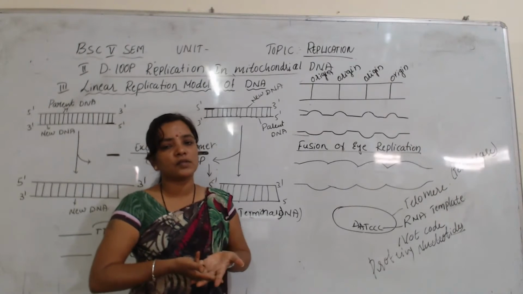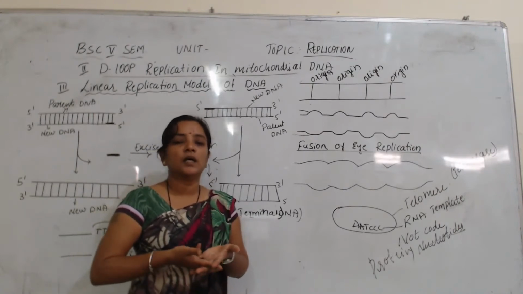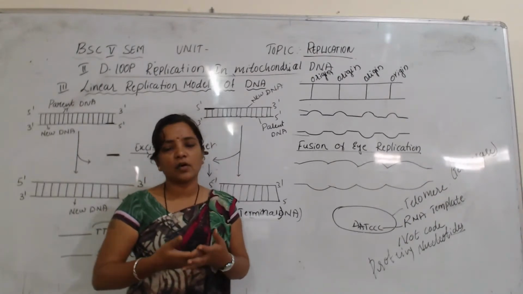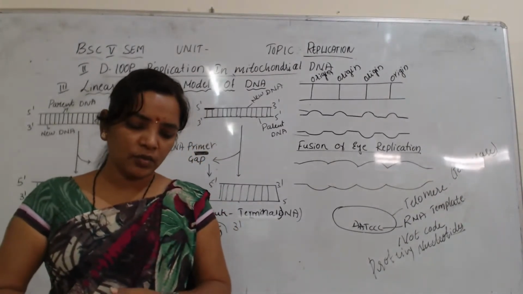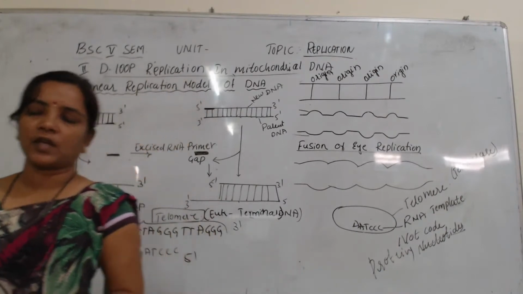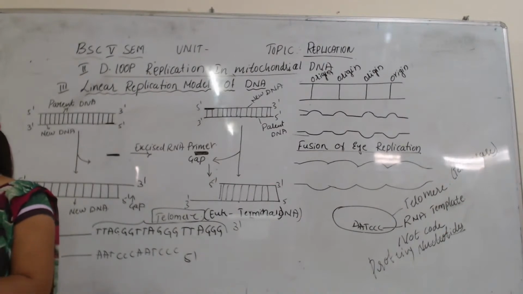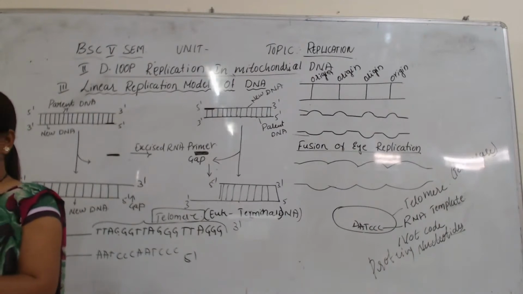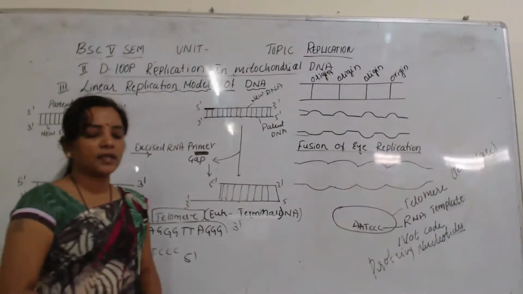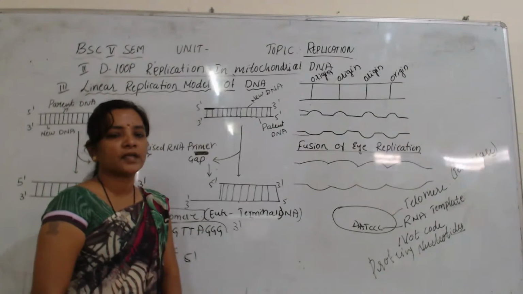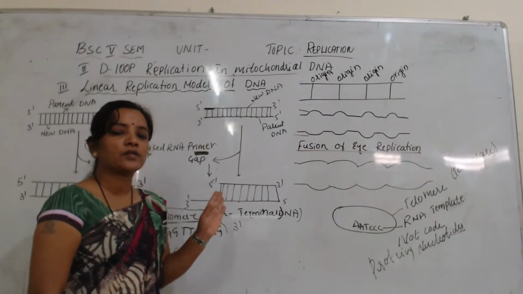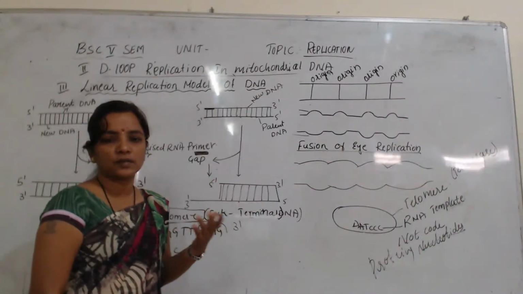In eukaryotes, we will study what enzymes we need and all those things later. It is almost similar, with Okazaki fragments present and DNA replication almost the same, but we are going to study it in detail. We have completed prokaryotes. Next we will study eukaryotes later.